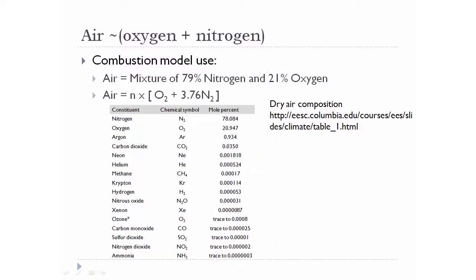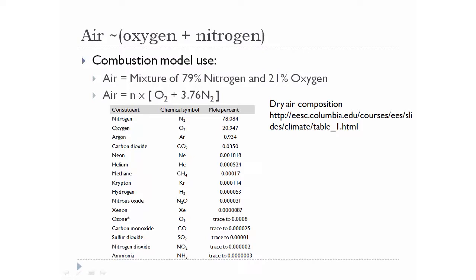What I told you about before is ideal combustion. But in our world, air does not consist of 100% oxygen. It is a mixture of a lot of things, but the main components are nitrogen and oxygen.